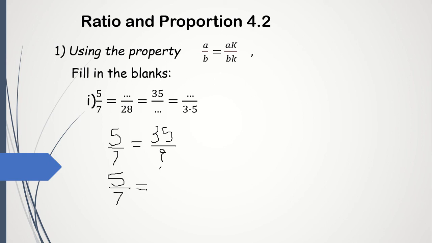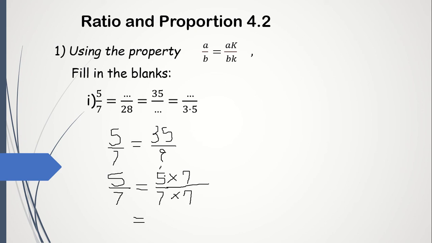5 upon 7 is equal to 5 upon 7 into k. What is that common multiple of both these ratios that we have to find? Now here 35 is given. 5 multiplied by what gives me 35? So 5 7s are 35. Now when I multiplied the numerator by 7, the denominator I should also multiply by 7.